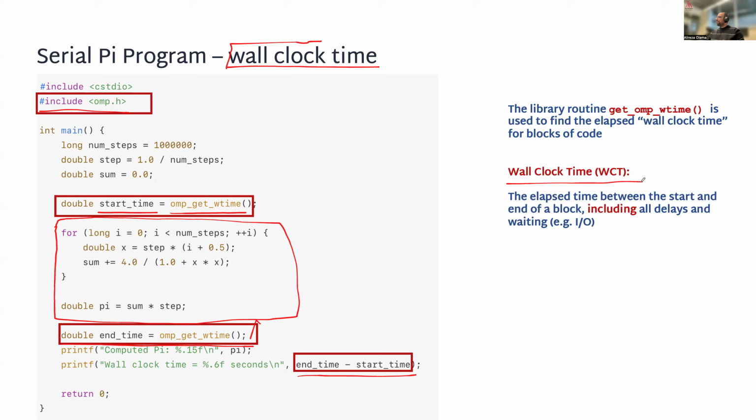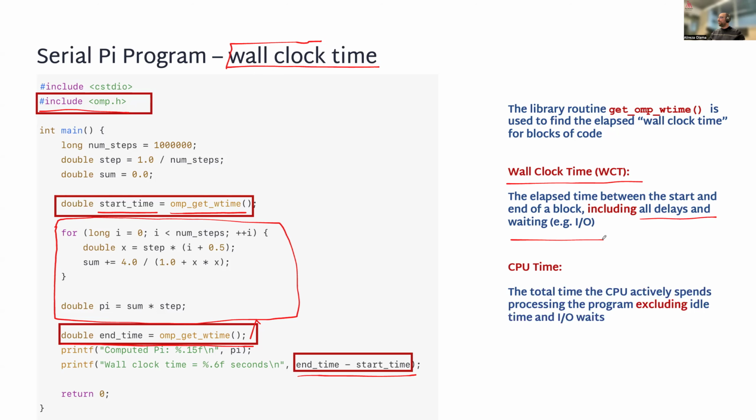So this is the definition of wall clock time. When you use wall clock time, you consider the time that you spend for all kinds of delays and IOs, right? But when you use CPU time, you exclude the idle time and IO waits. So you only consider the actual calculation, but using wall clock time, you also consider the IO and other kinds of delays.